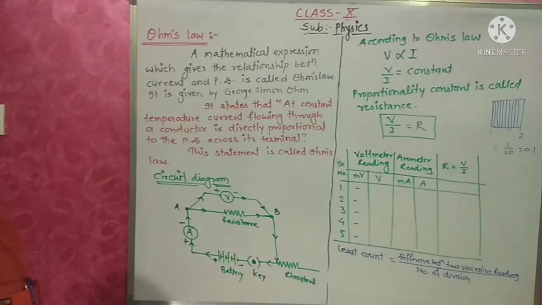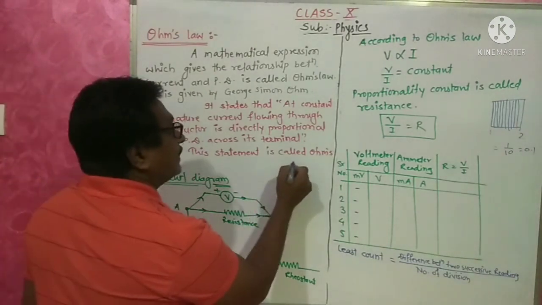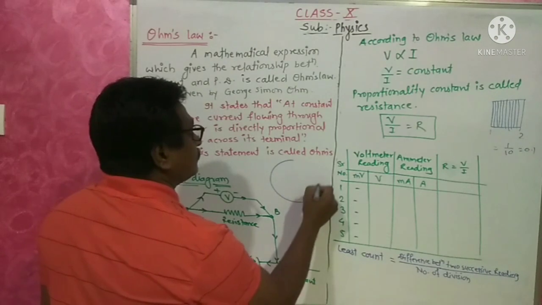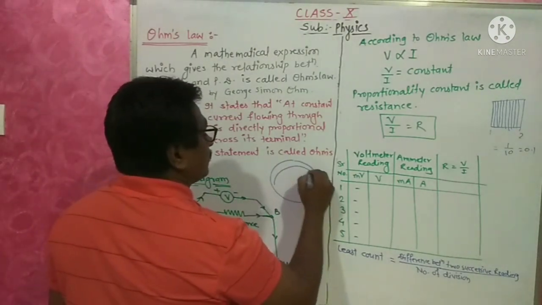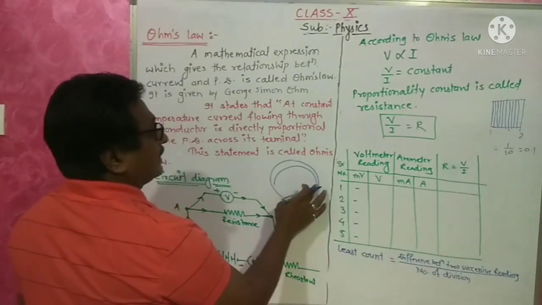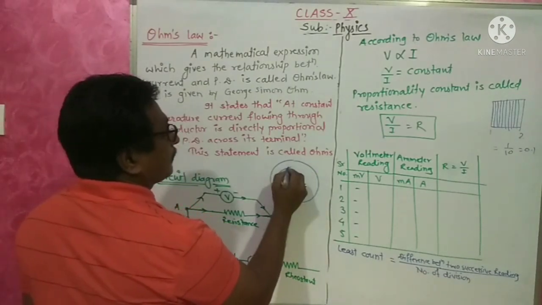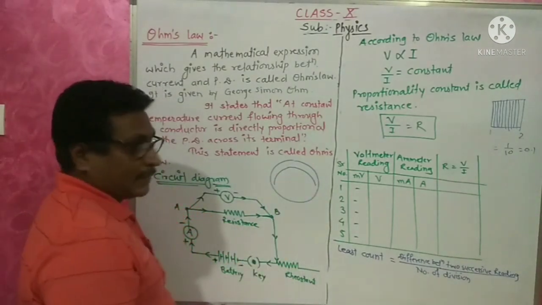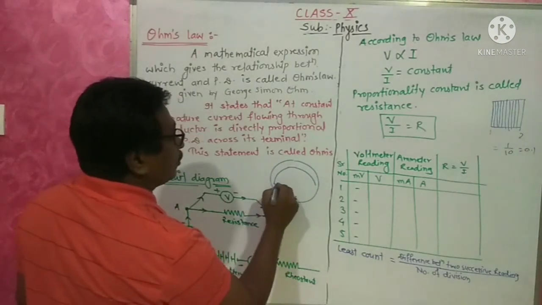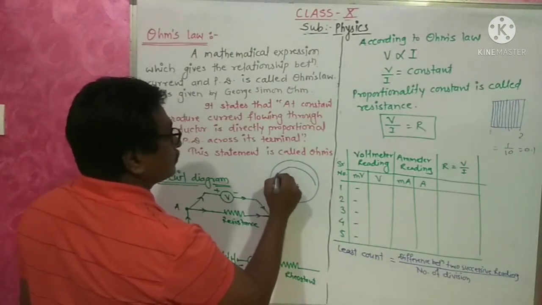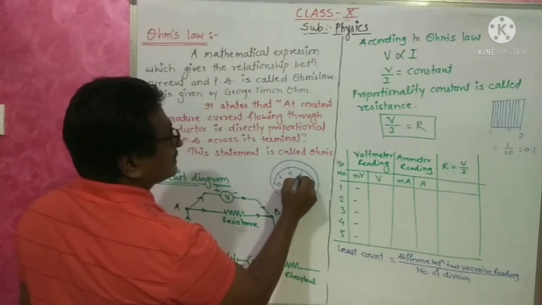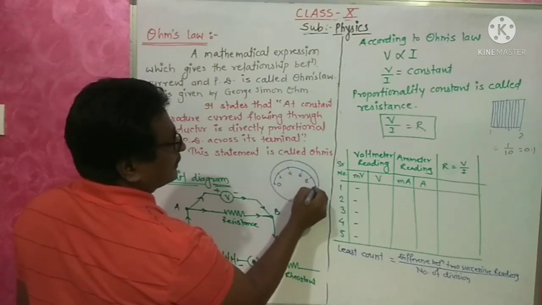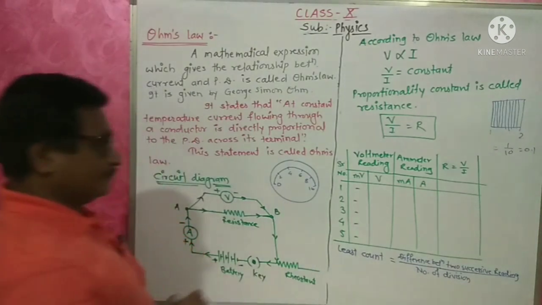In the same way, here also in voltmeter and ammeter readings, we have to find the least count. For example, this is the voltmeter. On the voltmeter, a scale like this is there. So here 0, 2, 4, 6, 8, 10.